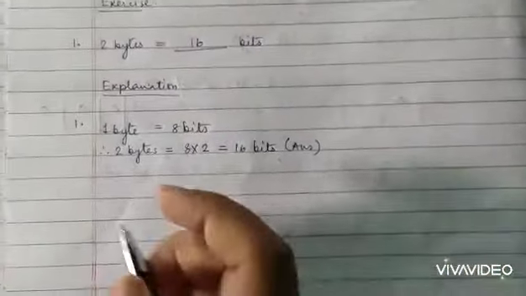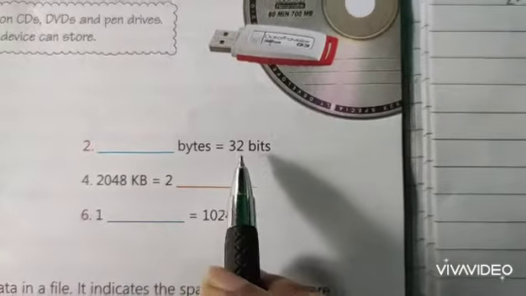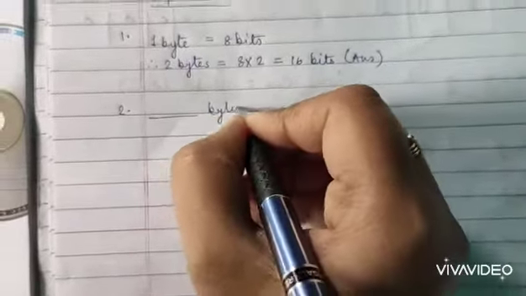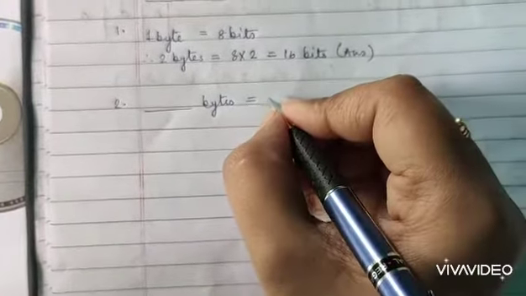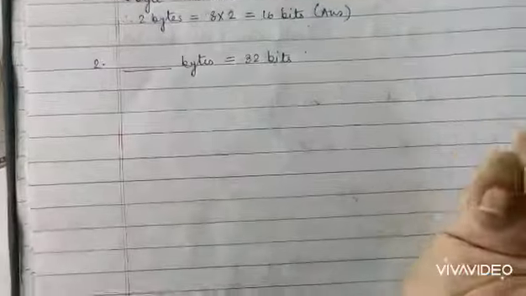Now come to the second. Number 2 is dash bytes equal to 32 bits. So just write here dash bytes is equal to 32 bits.